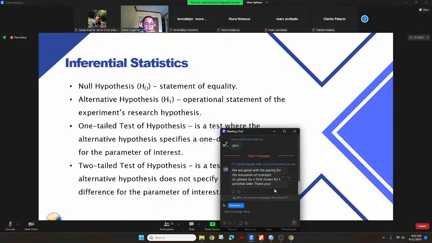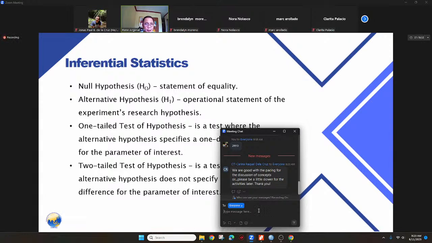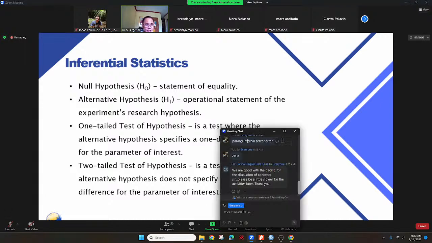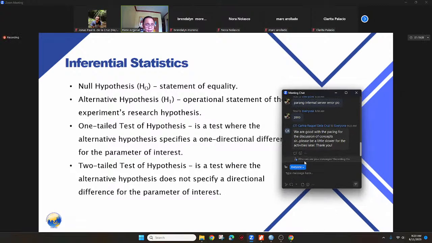Directional means that it is greater than or less than. While when you say two-tailed test, it means that your hypothesis is non-directional. For example, when you say that there is a difference, you do not specify which.